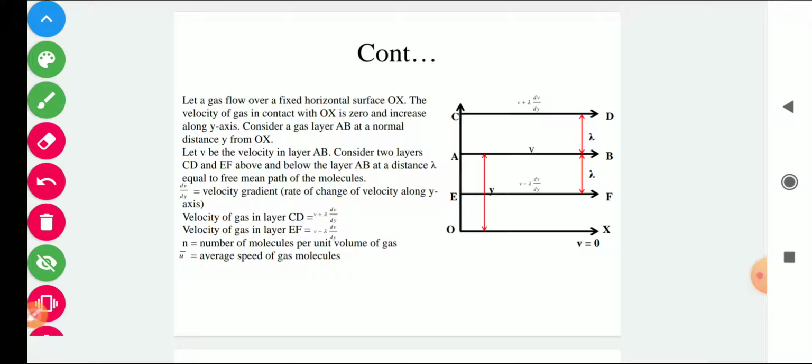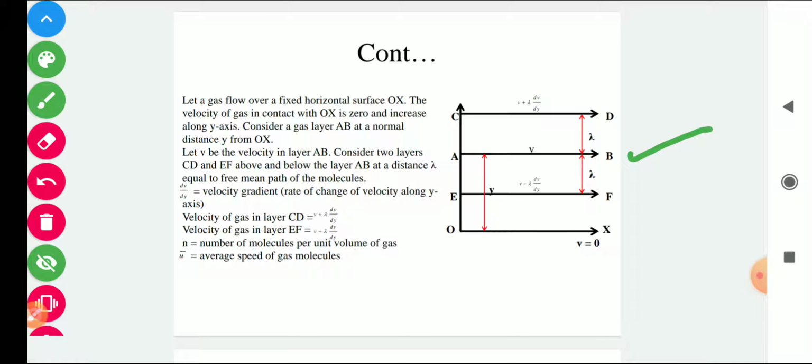Consider a gas layer AB at a normal distance y from this stationary surface OX. Let V be the velocity of layer AB.